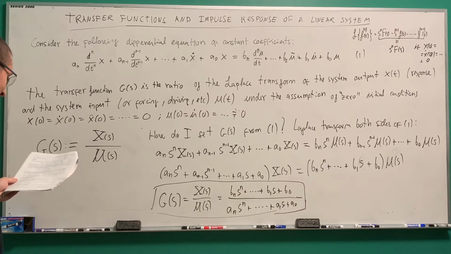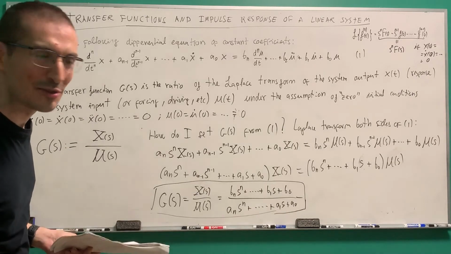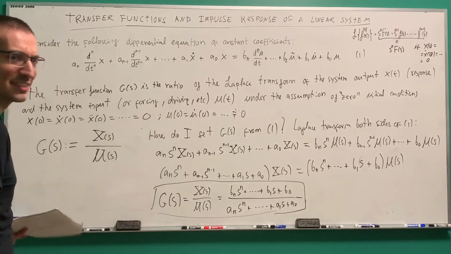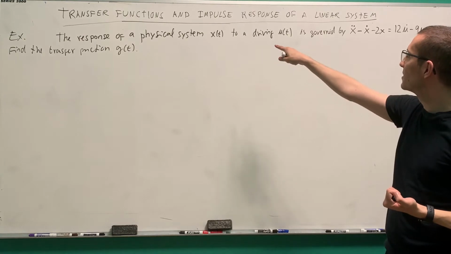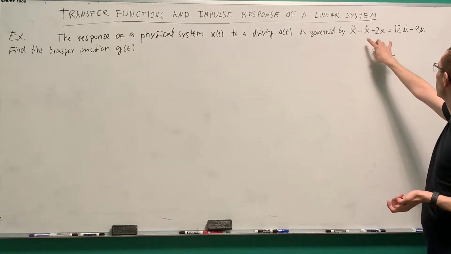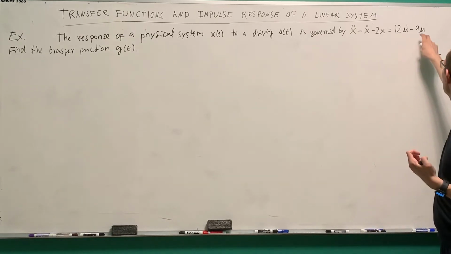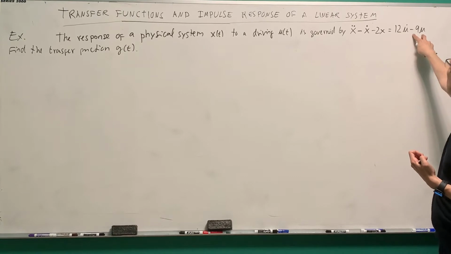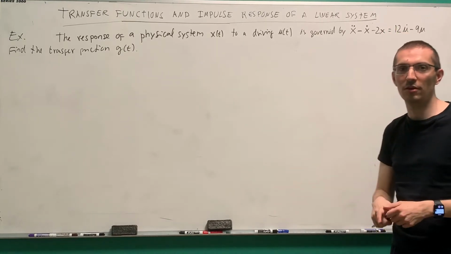Now, let's do an example of computing one, and then we will try to understand better what this transfer function really is. All right, so we have this exercise. The response of a physical system x of t to a driving u of t is governed by this equation. So you put in an input, force or whatever, and the driving is given by negative 9 times the input plus 12 times the derivative of the input, and the system responds consequently.